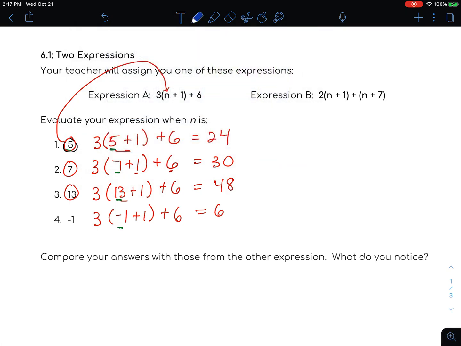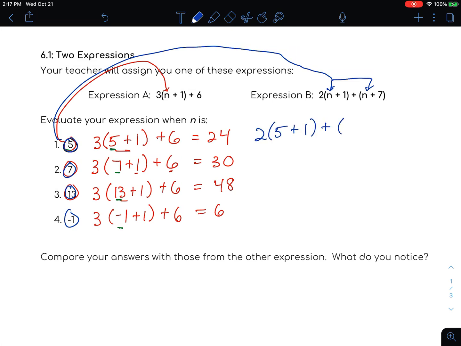All right, let's do the same thing for expression B. Now we're going to take each one of these n values, and we're going to put them in for n in expression B. Now there's two places to put that number in for n, so just be careful with that. So the first one, we have 2 times 5 plus 1 plus 5 plus 7. Actually, this is a 7, isn't it? So sorry about that. Up here in the first one, let's change that into a 7.